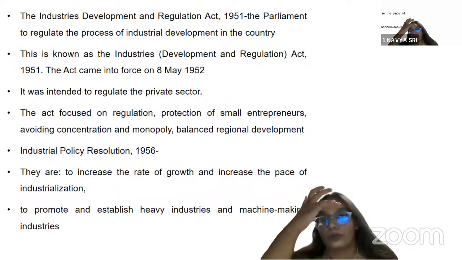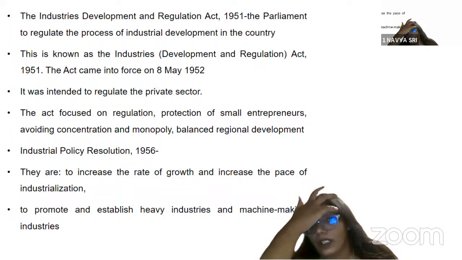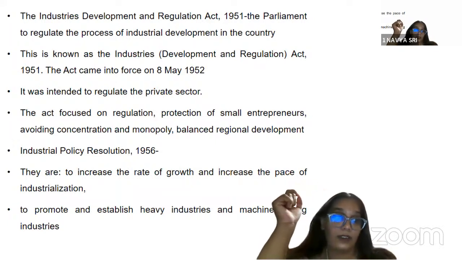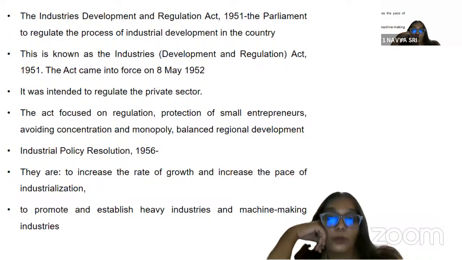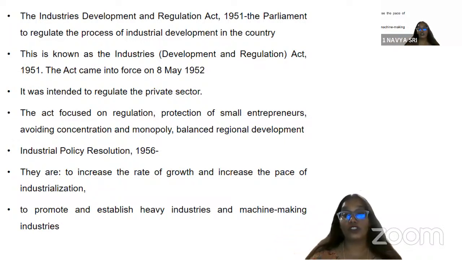So what does this do? This is intended to regulate the private sector. What does the act focus on? It regulates, protects small entrepreneurs, avoids concentration and monopoly, and balances regional development. So this avoids monopoly. A balance between all the players has to be there.